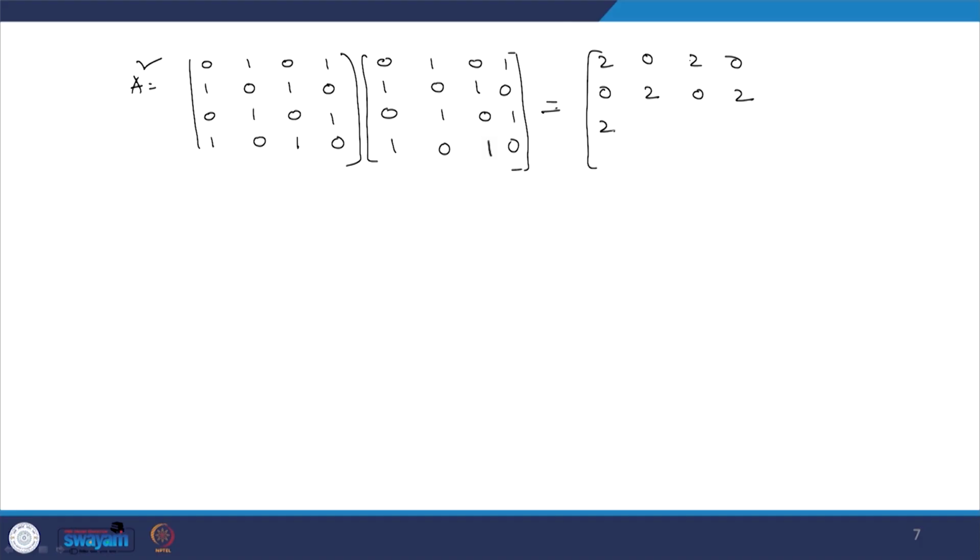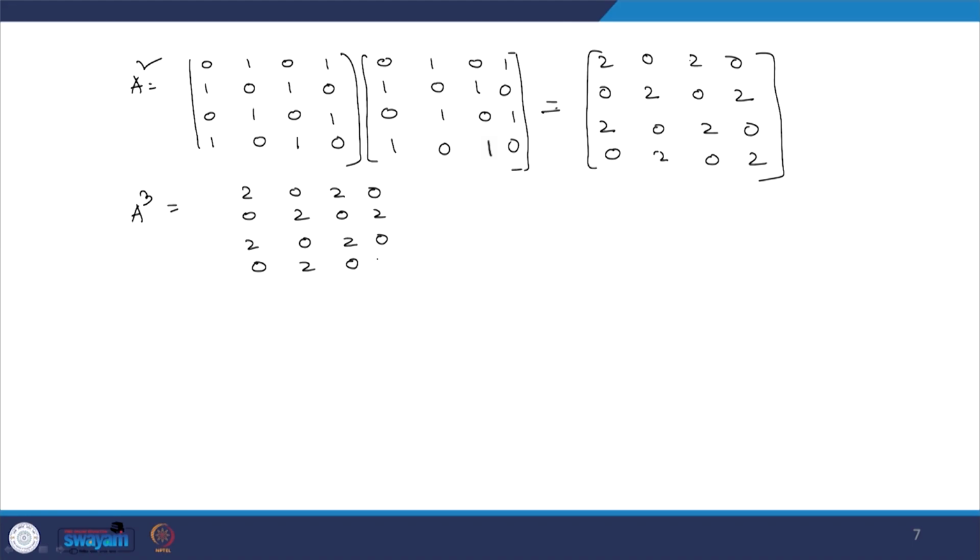You can check it, next row will be 2 0 2 0 0 2 0 2. See, if I go for AQ equal to what? 2 0 2 0 0 2 0 2 2 0 2 0 0 2 0 2.